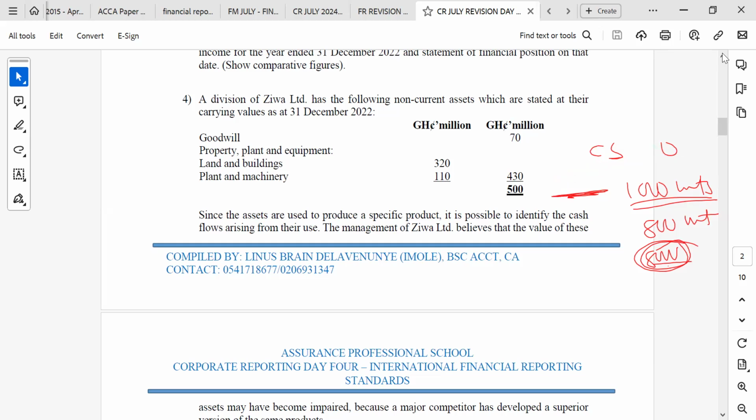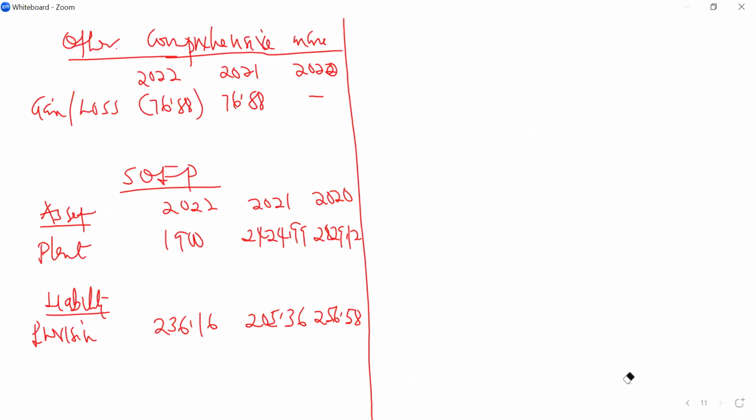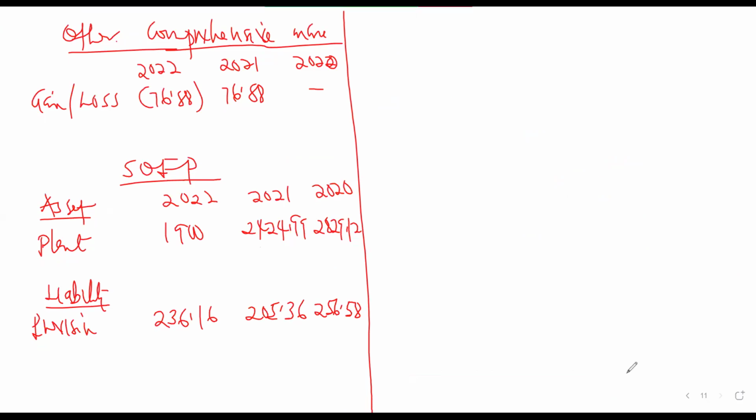But let's come here. How do we calculate the impairment loss? At the date of the impairment test, this is what we have to do. At the date that you are carrying out the impairment test, please look for the carrying value of the assets. So what is the carrying value of the assets at the date of the impairment?